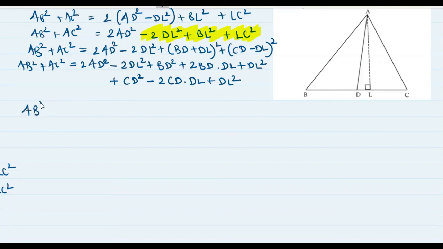So AB square plus AC square is equal to 2AD square. See, this minus 2DL square will get cut with DL square plus DL square, which is 2DL square. Also remember, what we have left is plus BD square plus CD square plus 2BD into DL minus 2.